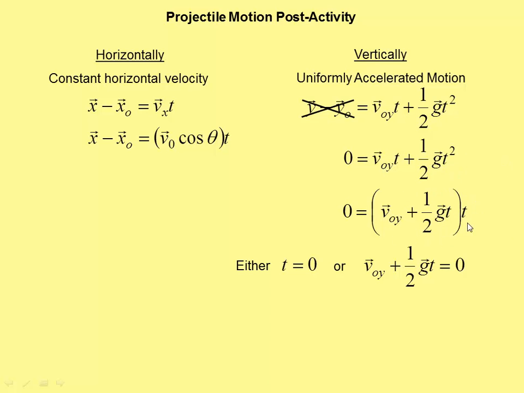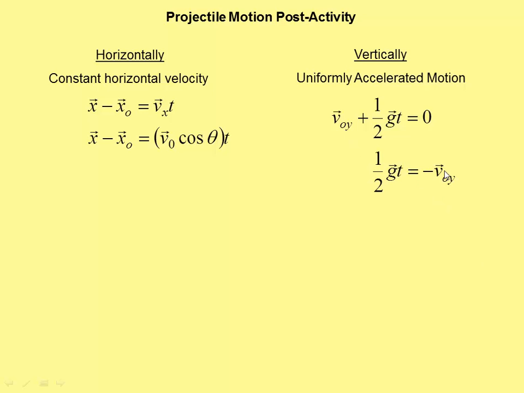Since we're multiplying two things together, the only way you can get a product of 0 is if one or both of them are 0. So either t is 0, which kind of makes sense. When is the vertical displacement 0? Before it shoots anywhere. Or this quantity is 0, and this is the more interesting one. So now we're going to work this and solve for t.